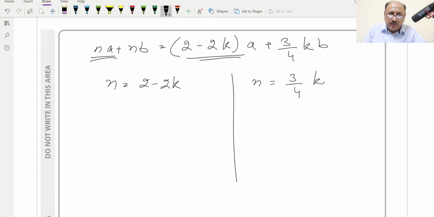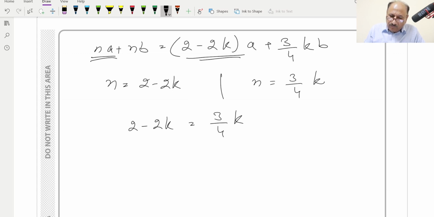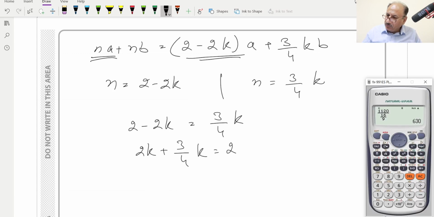So we can equalize, basically both are equal to N, so 2 minus 2K is equal to 3 by 4K, and from here we can calculate the value of K. So 2K plus 3 by 4K is equal to 2, and 2 plus 3 over 4 will be equal to 11 by 4.